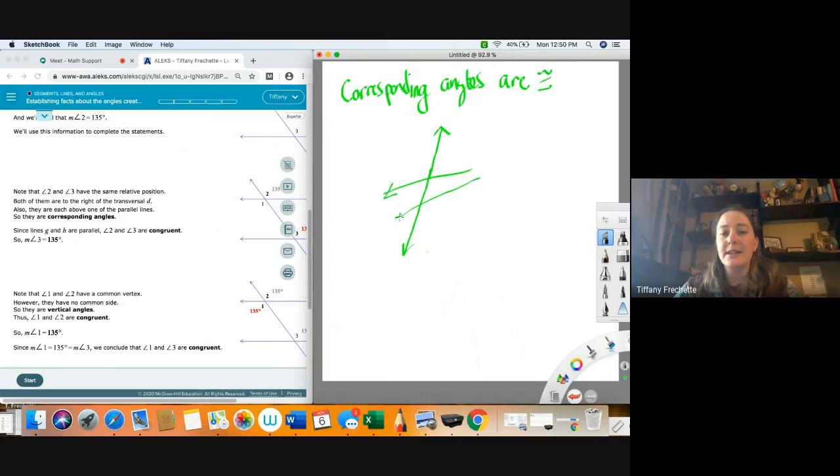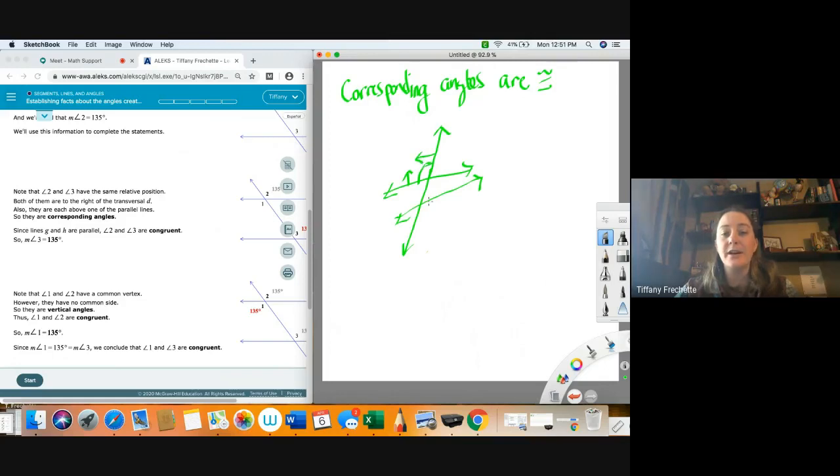What it means is they're in the same position when we're talking about the parallel line and the transversal. So my transversal is going up and down, my two parallel lines, which again, we're going to pretend are actually parallel. So if I'm talking about this angle right here, this is on top of the parallel line and it's to the left of the transversal.